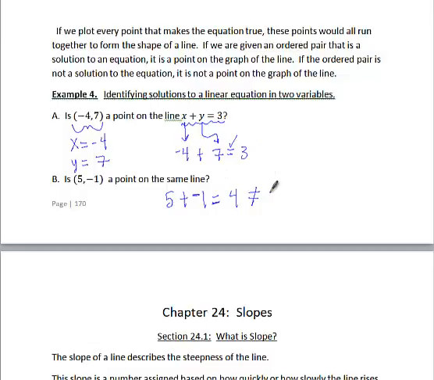So 4 does not equal 3. 5, negative 1 therefore is not a point on the line.